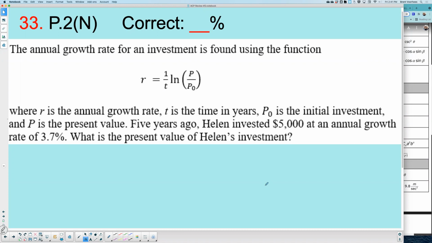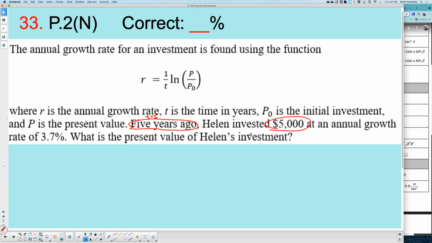5 years ago, I'm going to stop there. 5 years ago, where does that go? What is that? That would be an element of time. So T is 5. 5 years ago, Helen invested $5,000. Okay, what is that 5,000?